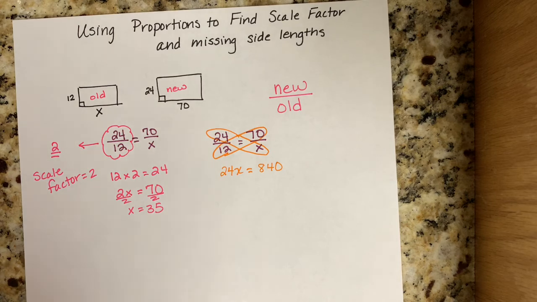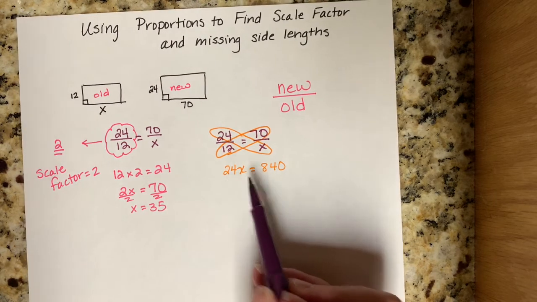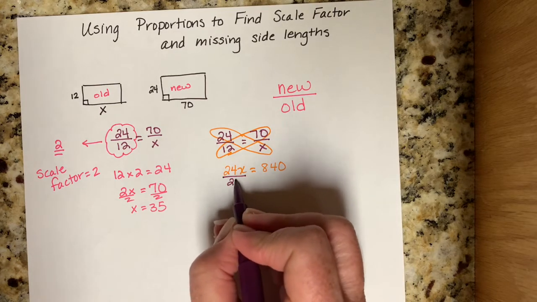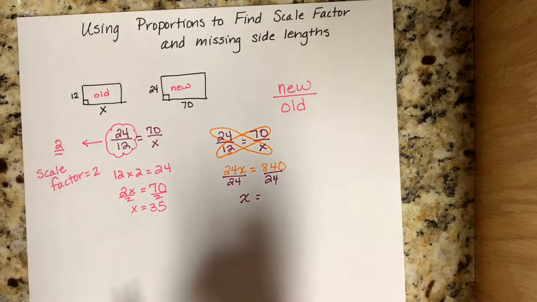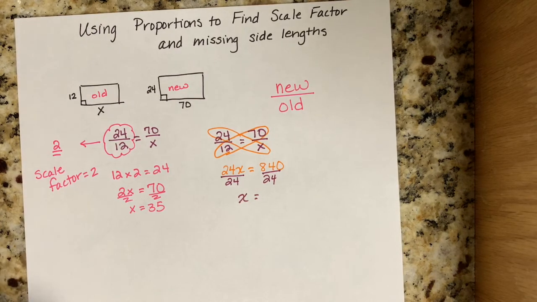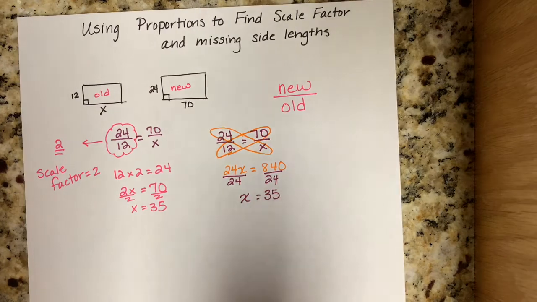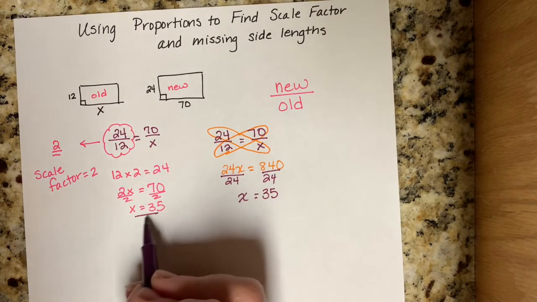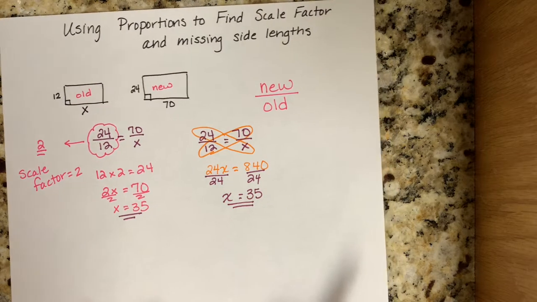Like all equations, when I have a number multiplied by the x, in order to get the x by itself, we're going to divide. So it turns out that x is 840 divided by 24, which is 35, which is the same answer I got in that problem. So there's two different ways that we could solve that proportion.